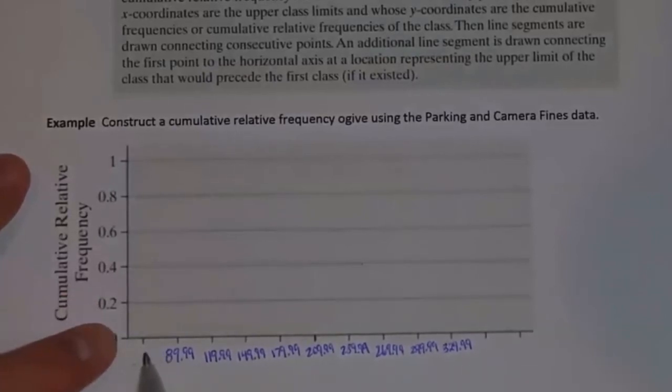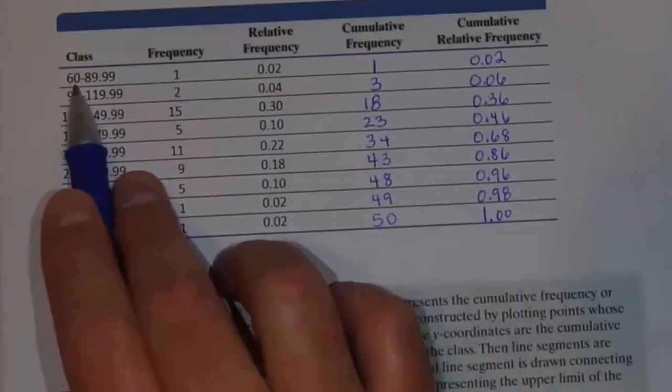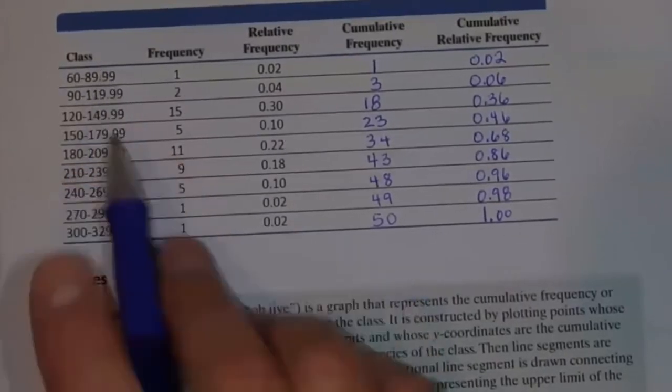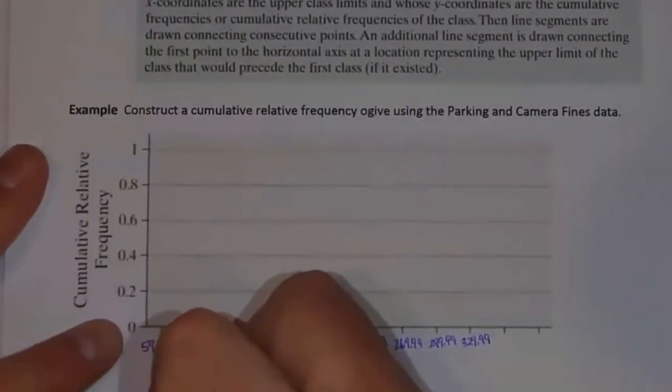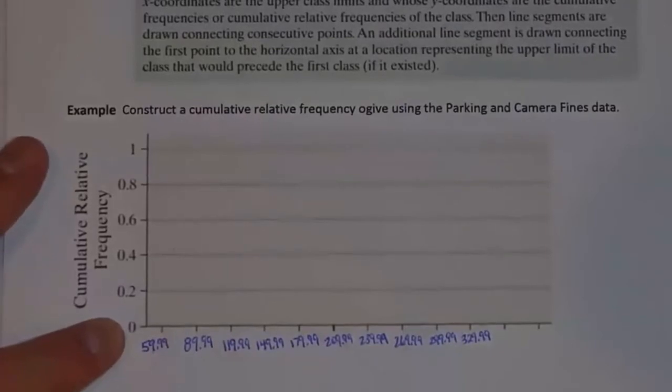Now, if there was a class that came before the first class, which is starting at 60, the upper class limit that would come before that would be 59.99. I'm also going to mark this 59.99. That's my first tick mark there.